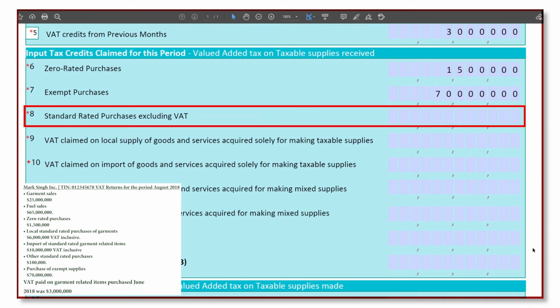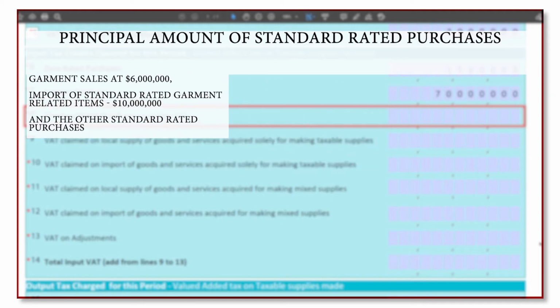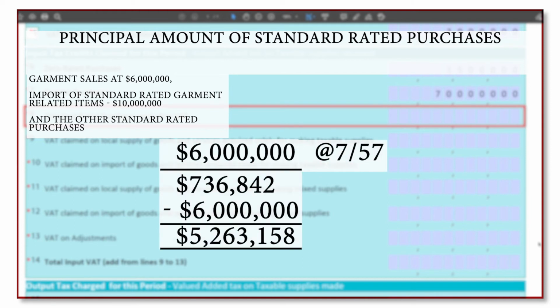The accountant or return preparer is required to find the principal amount of standard-rated purchases. This will include the garment purchases at $6 million, the import of standard-rated garment-related items that is $10 million, and the other standard-rated purchases. To gain the principal amount for the first 2 figures, we apply the VAT fraction, 7/57, and minus it from the net amount. When we exclude VAT from $6 million, it will equal $5,263,158.